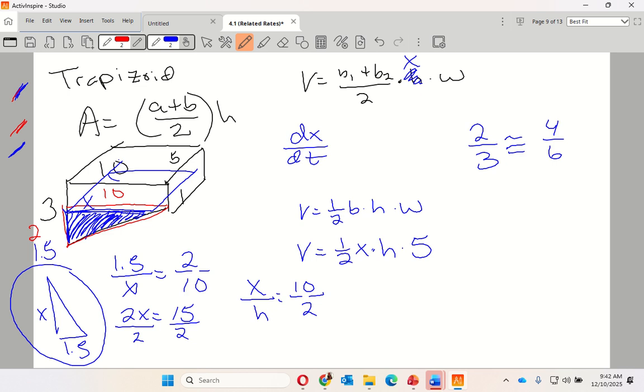Now, this is where, like I said, everyone's going to have a problem. Do you guys agree that x and h are proportional to each other? As one changes, the other one changes also in the same similarness, right? So I could say that 10h is equal to 2x, so 5h is equal to x.